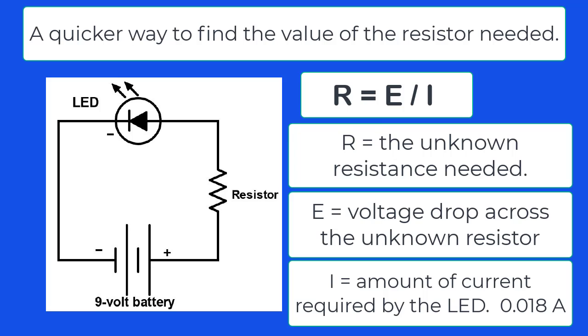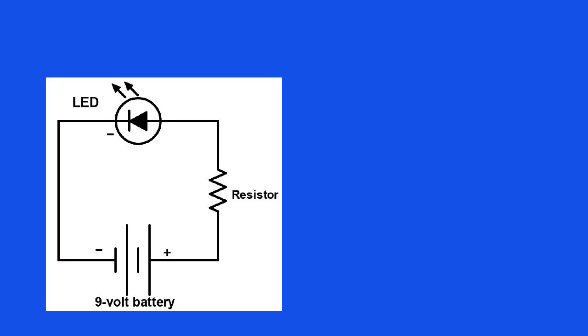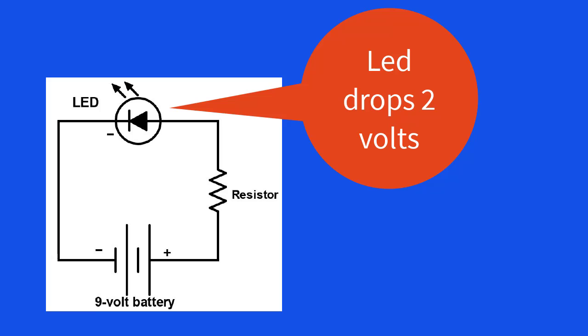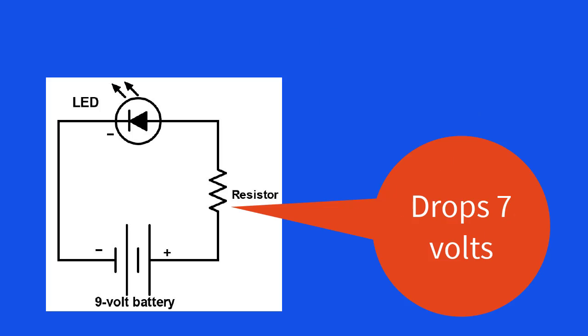Here we have a simple circuit showing an LED, an unknown resistor, and a battery. If the battery is 9 volts and the LED drops 2 volts, the unknown resistor would have to drop the other 7 volts.